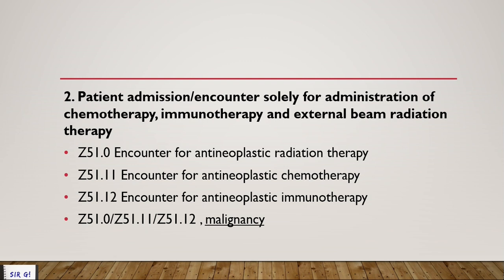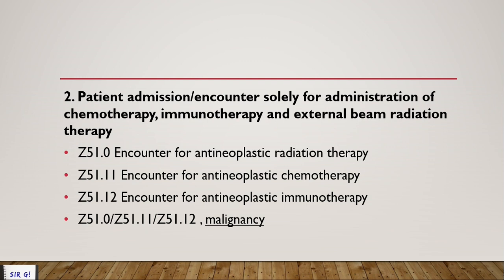Patient admissions encounters solely for administration of chemotherapy, immunotherapy, and external beam radiation therapy. As I mentioned, if the reason for encounter is solely for administration of chemotherapy, you need to code first your Z51. Okay? And it should always be followed by a malignancy code because you need to specify why they are performing chemotherapy, immunotherapy, and radiation therapy.